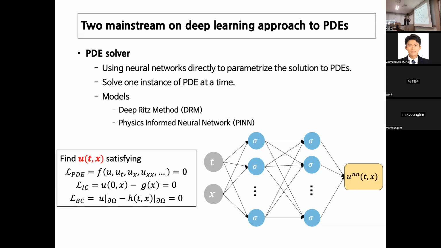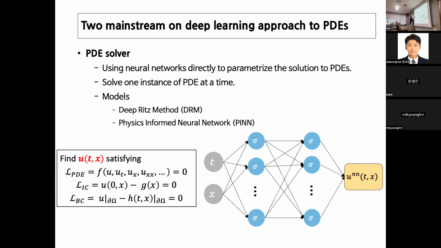So we can naturally think about a deep neural network which takes inputs t and x, and the output will be u(t,x). The purpose of this approach is to find the optimal weight and bias so that the output of the neural network u_NN(t,x) satisfies these three conditions.